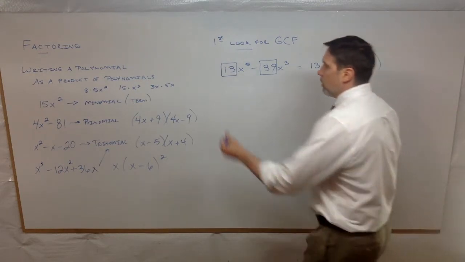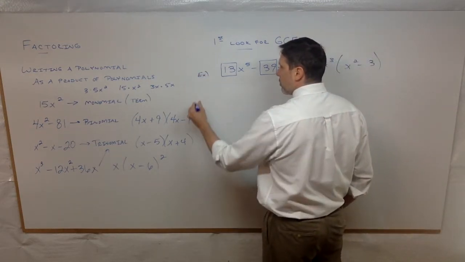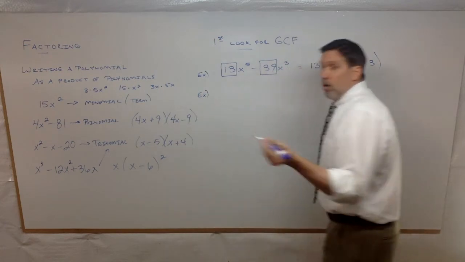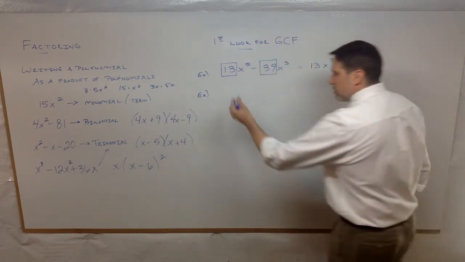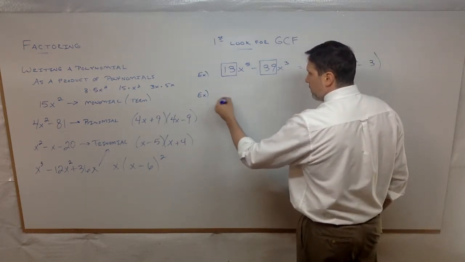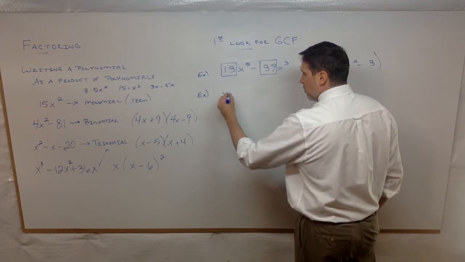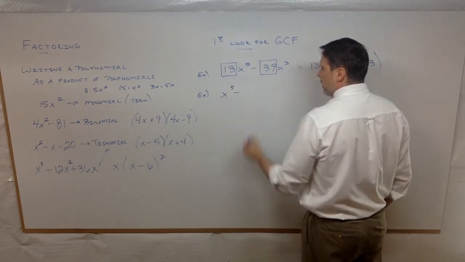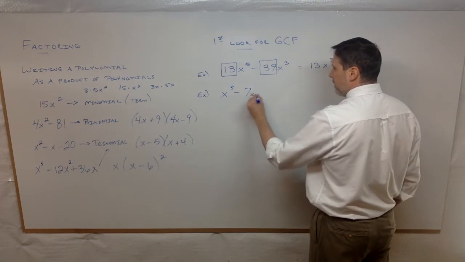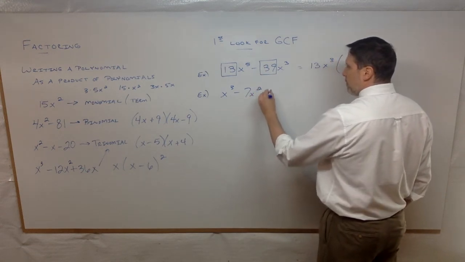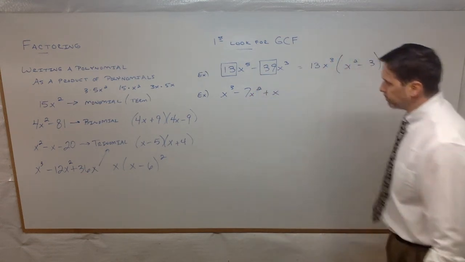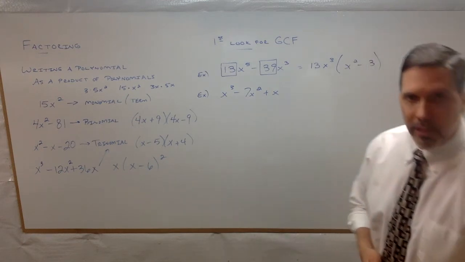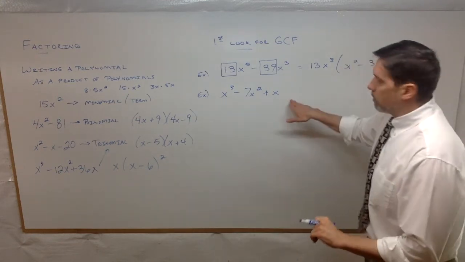Now, just one thing you have to be cautious about when you do GCF, and that is a classic mistake. If we have, say, x cubed minus 7x squared plus x. All right, let's take a trinomial like this. You're looking for a greatest common factor.